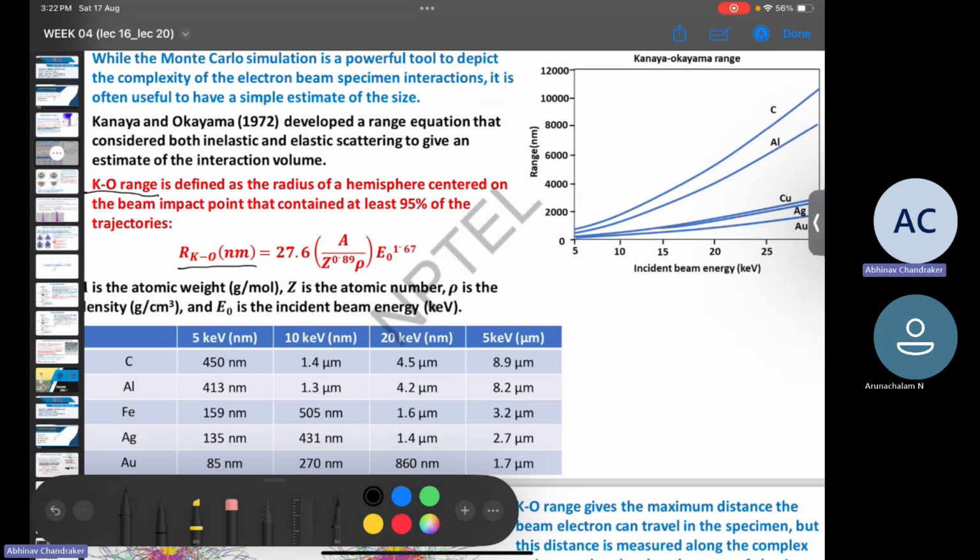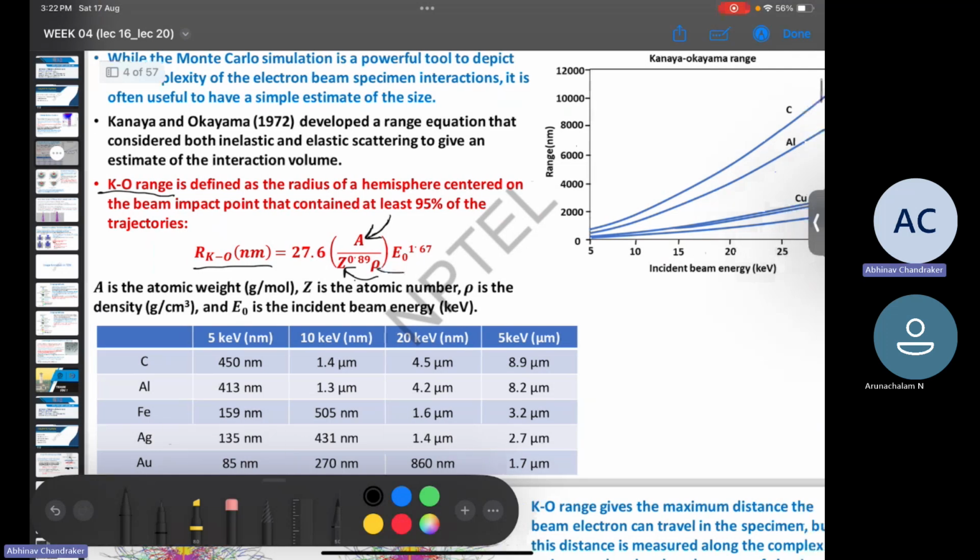So it depends on the atomic mass of the atoms, Z, which is the atomic number, rho, the density of the material, and the energy of the incident beam.